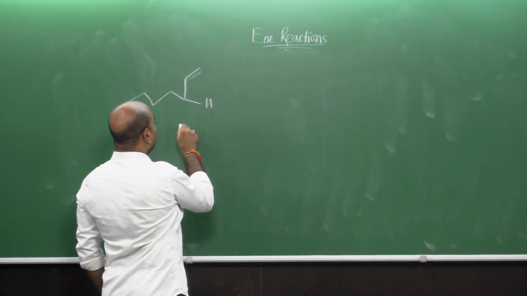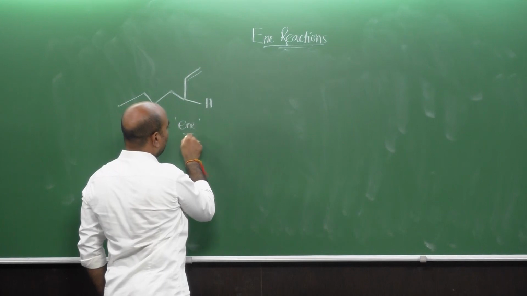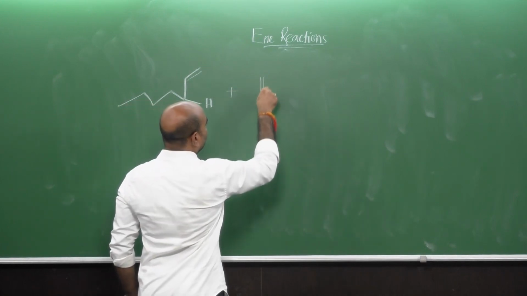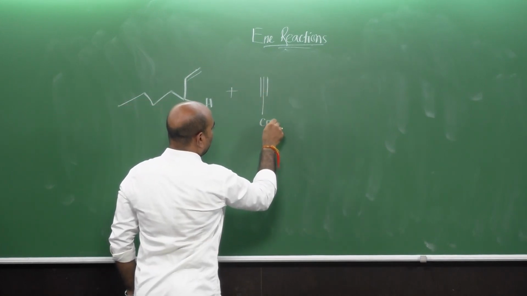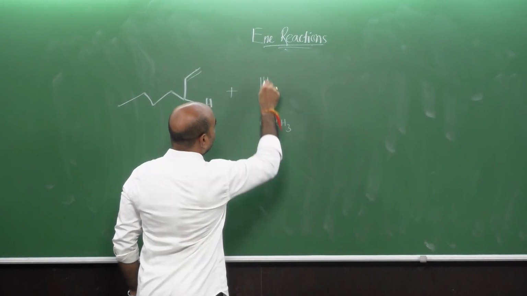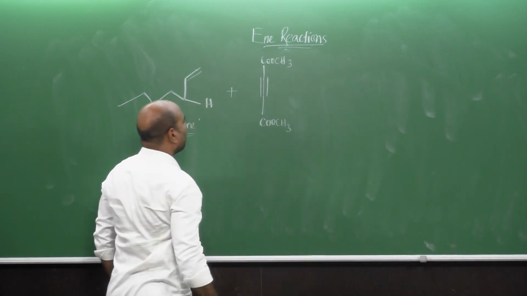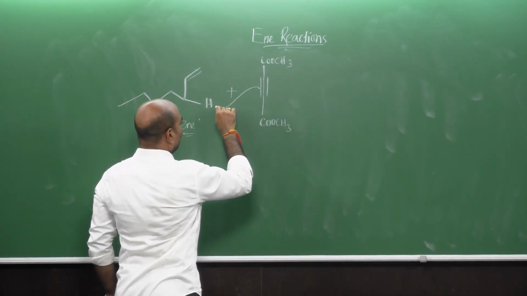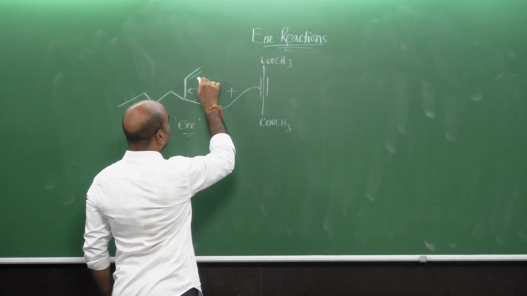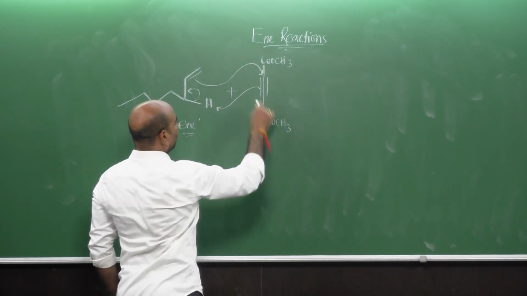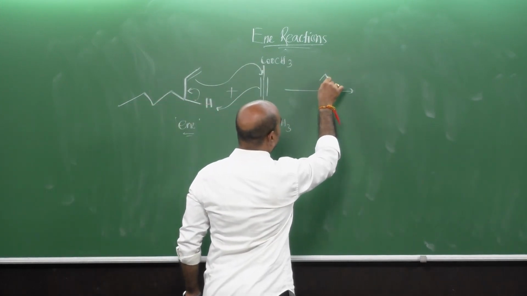So, this is the ene component. If it is treated with an enophile like this, what should happen here? So, the sigma bond should move here and you will get a new sigma bond under thermal conditions.